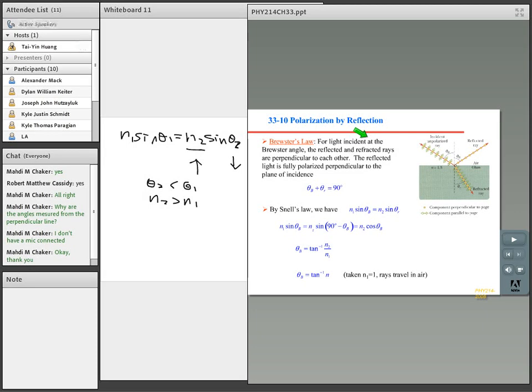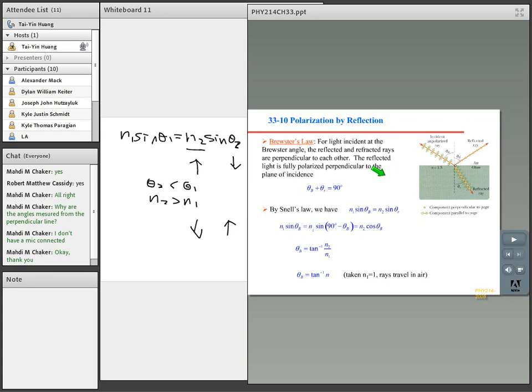By using the same argument, when N2 is smaller than N1, then theta 2 has to be greater than theta 1. So what does that mean? Your theta 2 has to be greater than theta 1. It means that the refracted light ray has to be away from the normal.